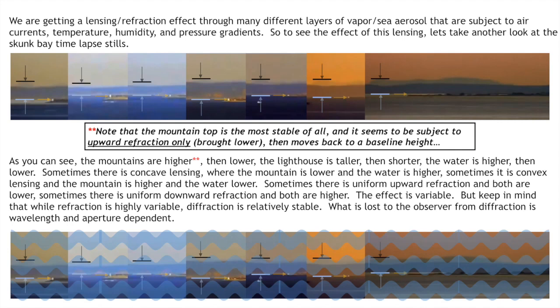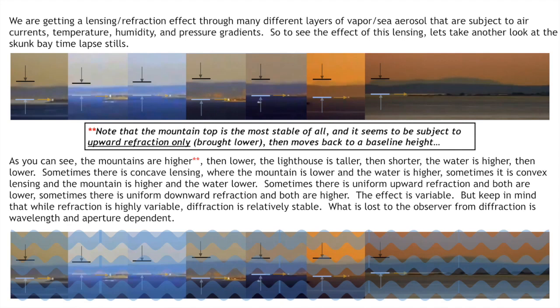So again, as you can see, the mountains are higher than lower, the lighthouse is taller than shorter, the water is higher than lower. Sometimes there is concave lensing where the mountain is lower and the water is higher. Sometimes it is convex lensing and the mountain is higher and the water is lower. Sometimes there is uniform upward refraction and both are lower. Sometimes there is uniform downward refraction and both are higher.